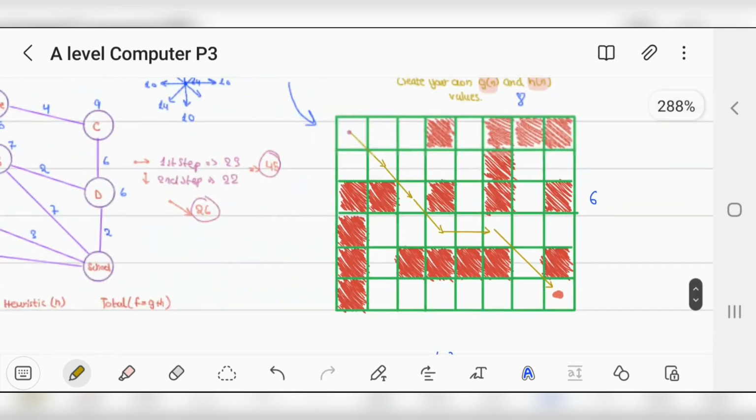You have finally reached the destination. It would cost you much more going like this and this and this, but in this way it is costing you much less. So it was 26 going from here to here, 26 and 14, 13, 12.